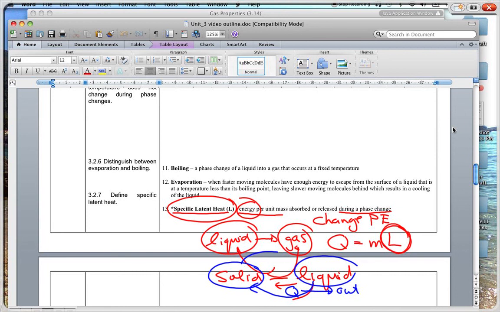And if I was going in the other direction, heat needs to be put into the system because the potential energy is higher. Okay, and I have done some examples of using this formula, Q equals mL. I hope that seems fine.